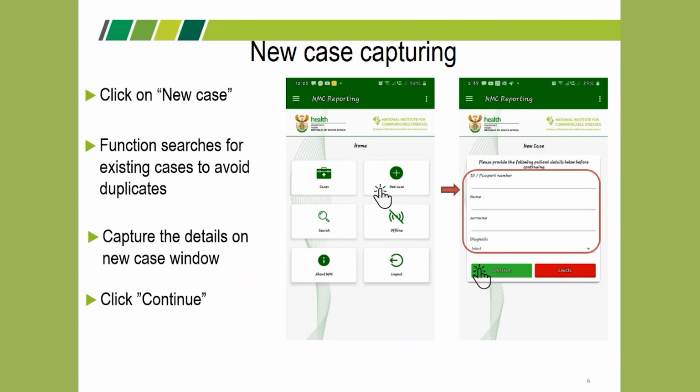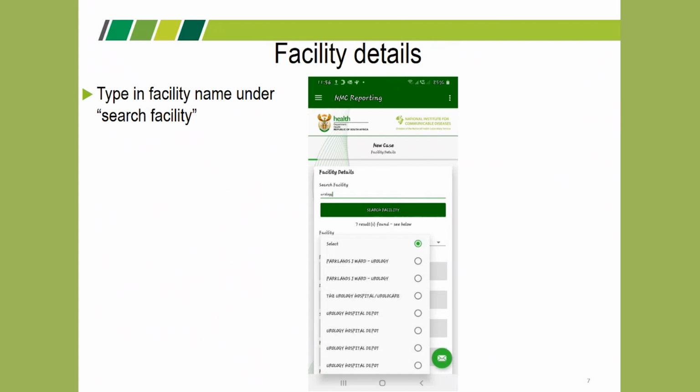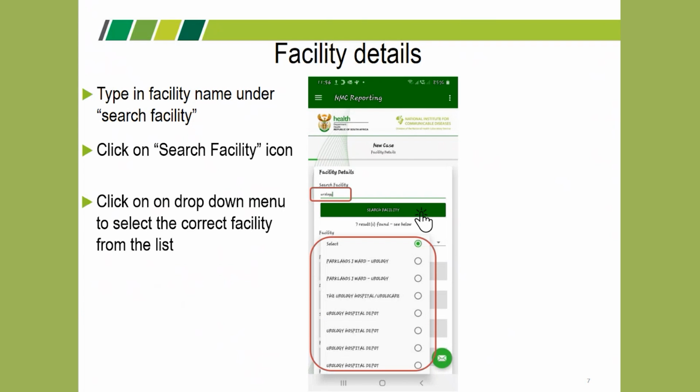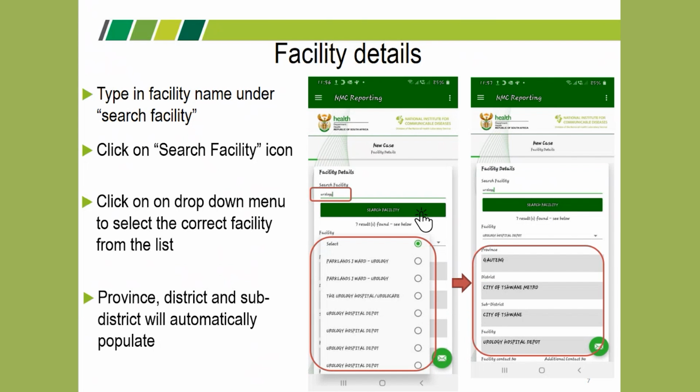Once you have captured the information on the window, you can continue with facility details. If you have more than one facility, you are then able to search for that facility. Once you find the facility in the drop-down menu, you can select the facility and your province, district, and sub-district will automatically be populated.